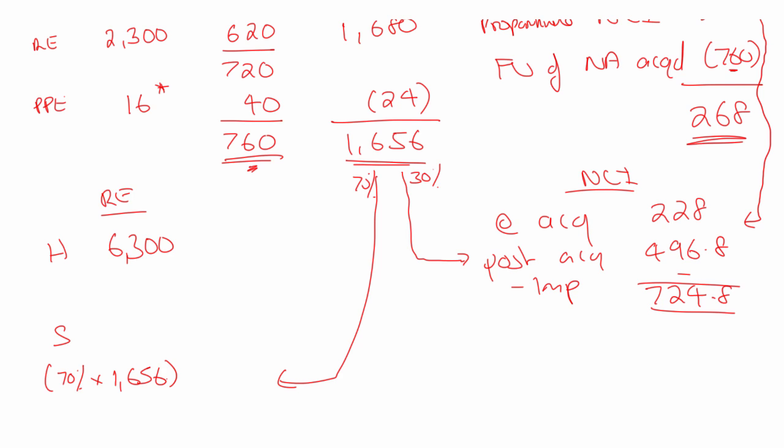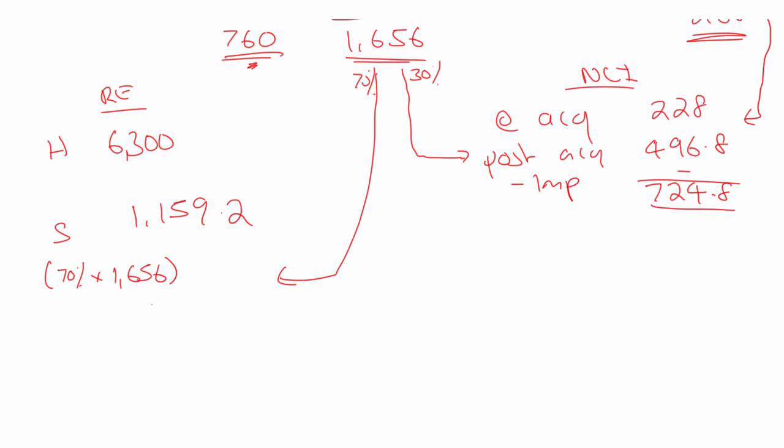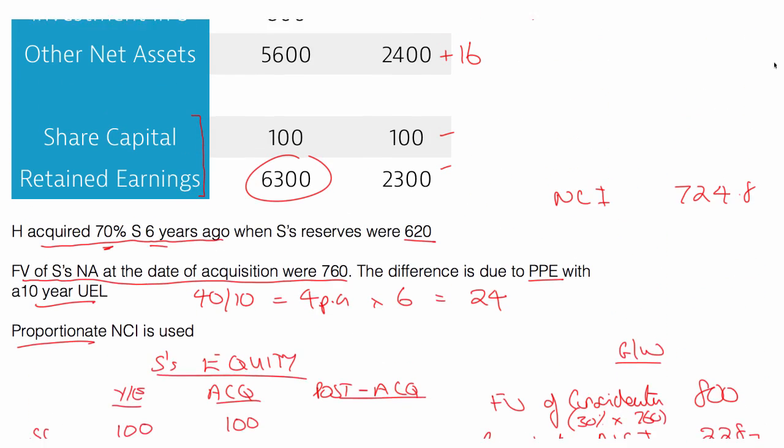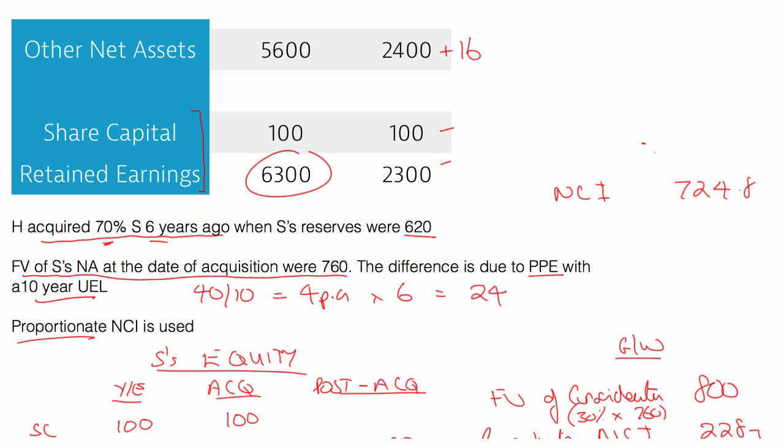I'm going to need my calculator. 1656 times by 0.7 comes to 1159.2. And if you add on the H's 6300, we will get 7,459.2 as my retained earnings. Let's go put that in. 7,459.2 for retained earnings. Share capital, always H's.